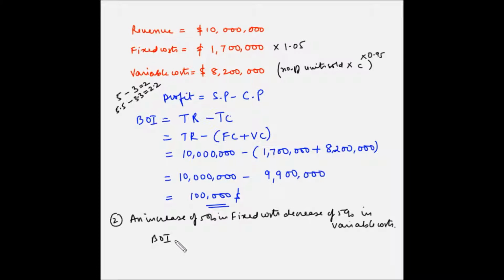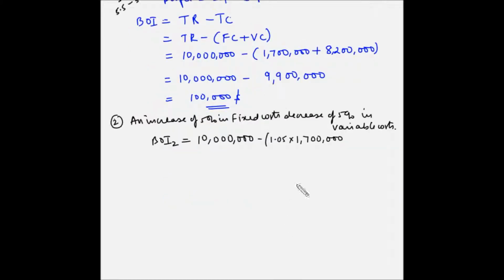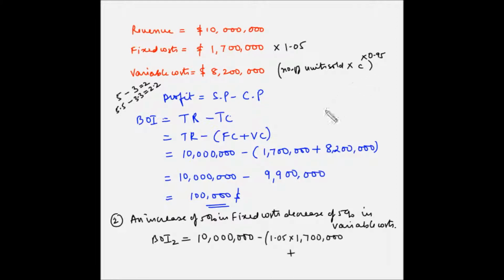So let's put this as BOI 2, and this is equal to, now the formula remains the same, total revenue minus the total cost. Now here the revenue is not changing, so revenue is the same. So $10 million minus the total cost, which is an addition of fixed cost and variable cost. Now here the fixed cost is going to be multiplied by 1.05. So 1.05 multiplied by 1.7 million plus the variable cost, which is now decreasing by 5%.